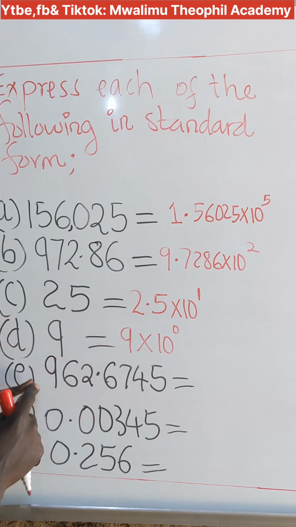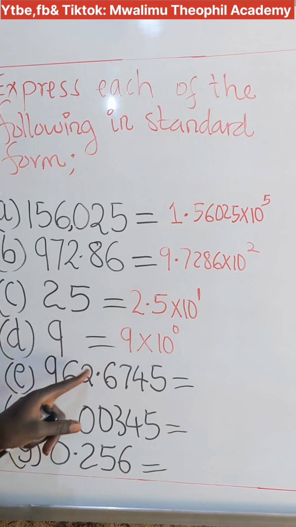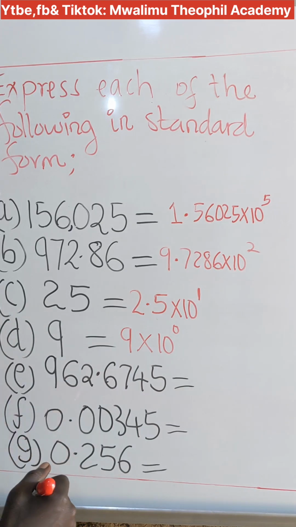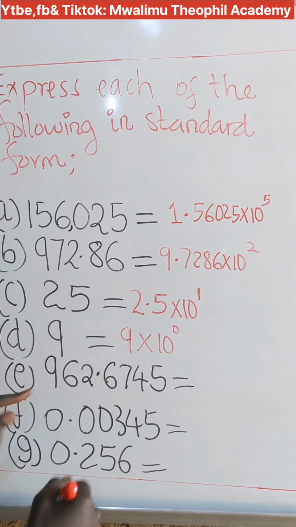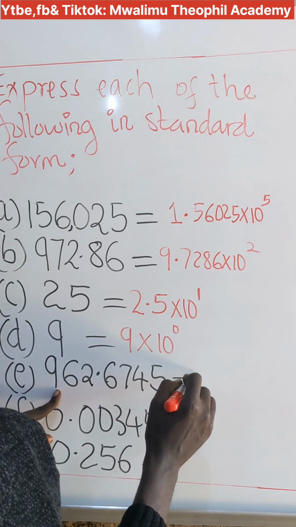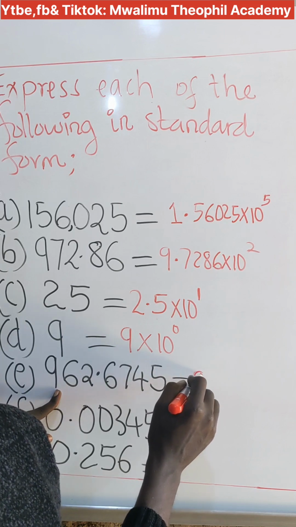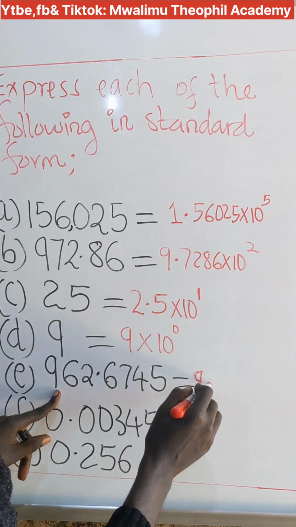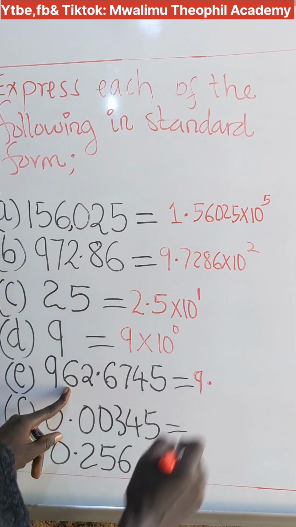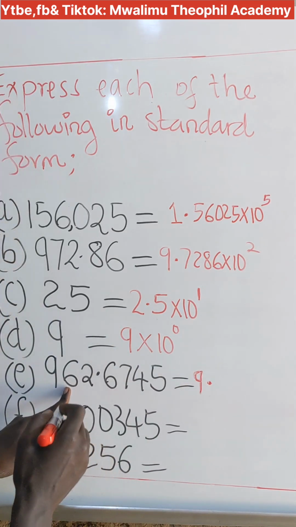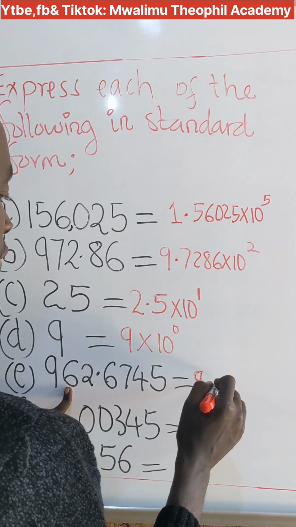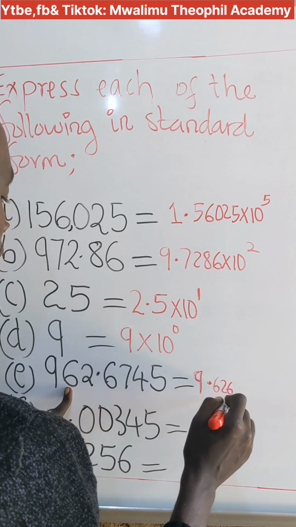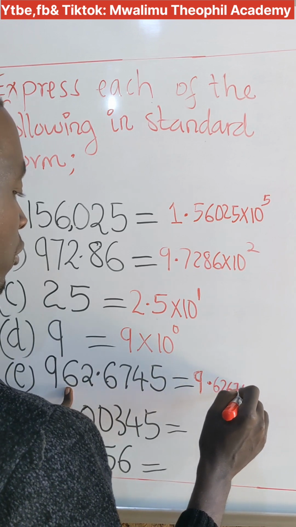Now let's go to our fifth one. We have 962.6745. From the left-hand side toward the right-hand side, our first digit is 9. Now we write 9. After writing 9, we put a decimal point. After the decimal point, we write all the remaining digits without putting any other decimal point, where we have 6, 2, 6, 7, 4, 5.